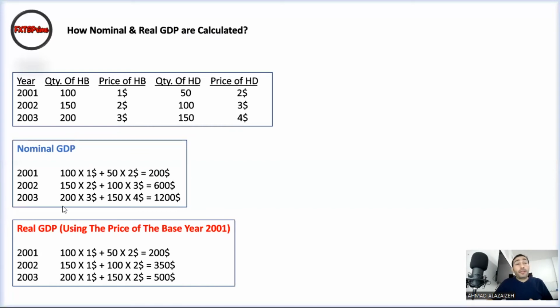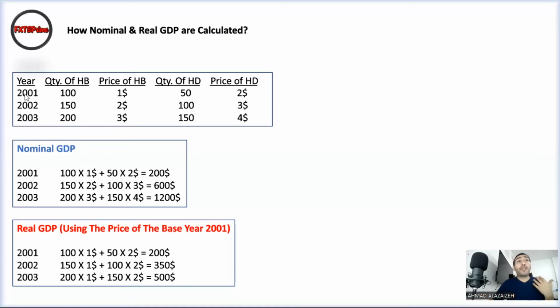So if I take 2001 as a base year, in the real GDP I'm going to take the quantities produced for each year, but I am going to take only the 2001 prices.